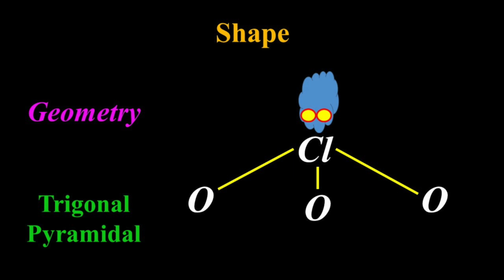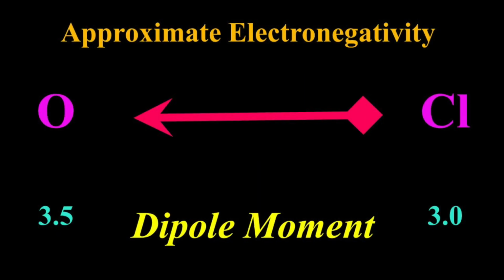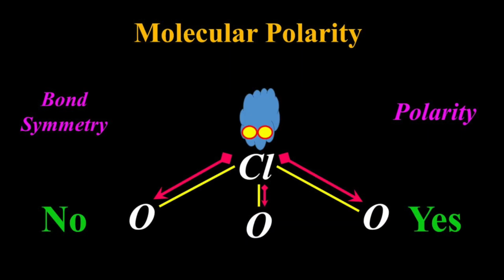And you will, of course, have dipoles towards the oxygen, but they will not cancel. There's no symmetry, and you will have polarity. And that concludes this practice session.